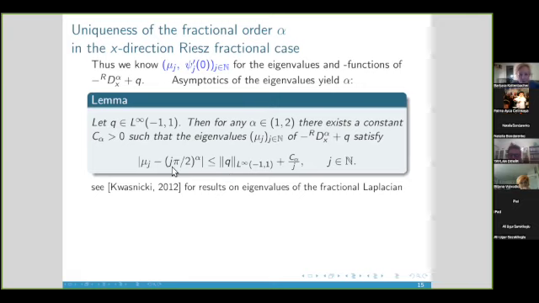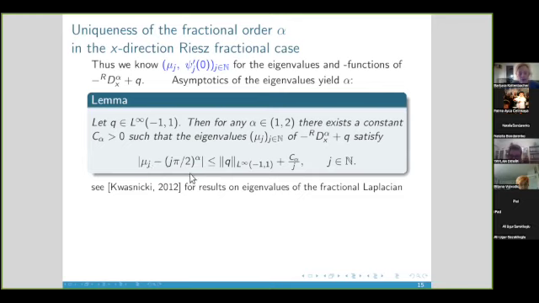So actually this is something which goes to infinity as j tends to infinity, and both these terms are bounded as j tends to infinity. So actually this is really the dominant term in the expansion of this eigenvalue.